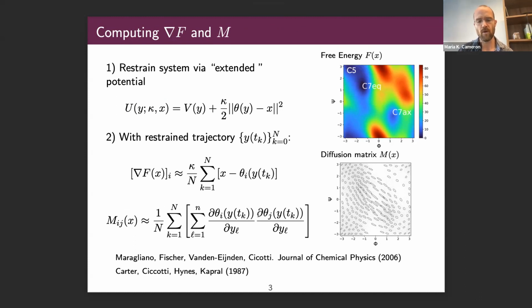The most important part that we'll come back to is that this 4x4 diffusion matrix comes from the derivatives of the mapping to collective variables with respect to atomic coordinates. It is an average of Jacobians based off of a restrained trajectory. These ellipses here and other pictures you'll see are for this 2-variable case. There's a 2x2 M matrix whose PCA gives you these coordinates that you can use to plot one of these ellipses.